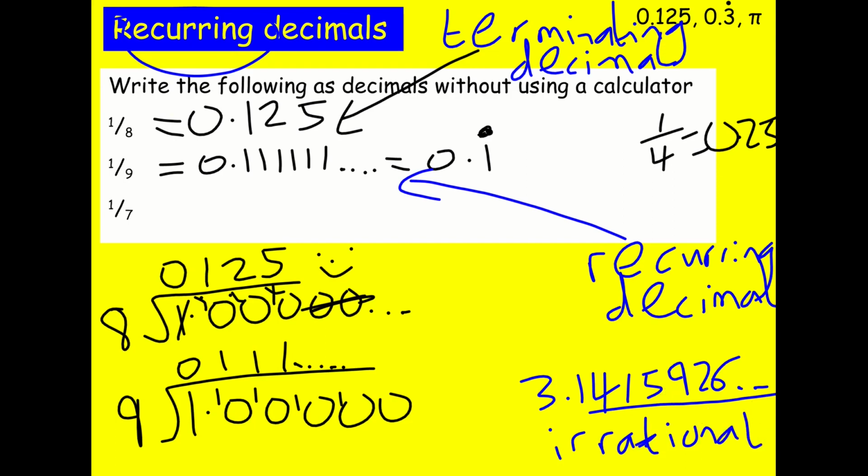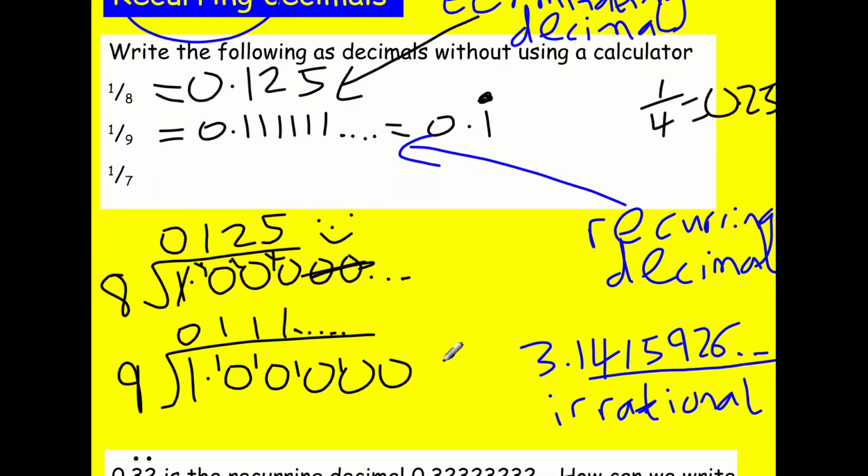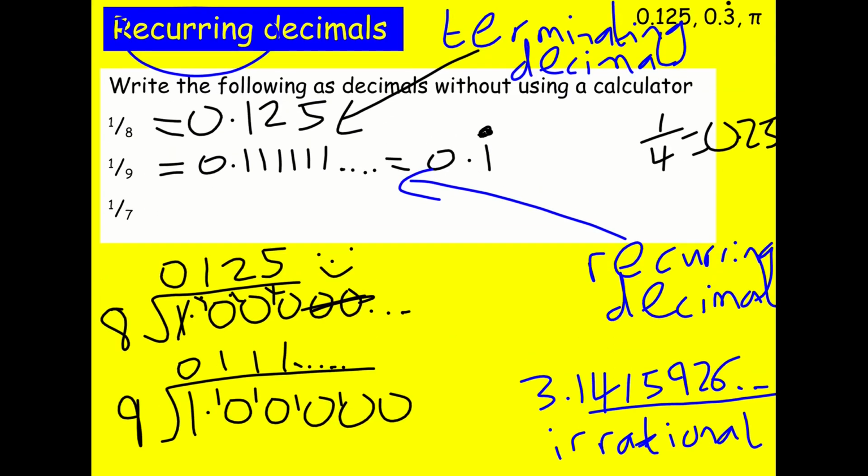We normally say recurring decimals, terminating decimals, but we don't really have a name for this other than to say it's an irrational number, because any irrational number can't be written as a fraction, and I think any fraction will either be terminating or recurring.